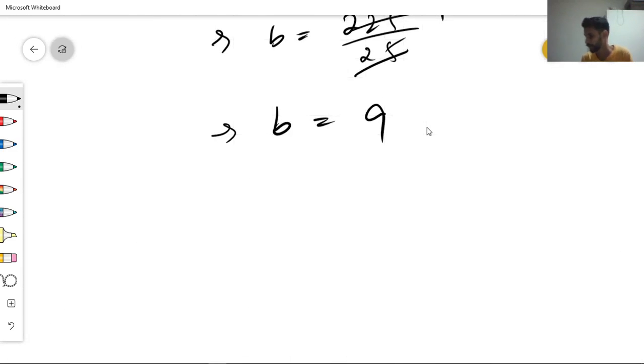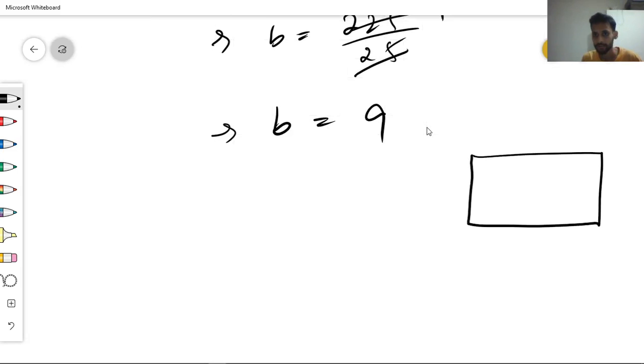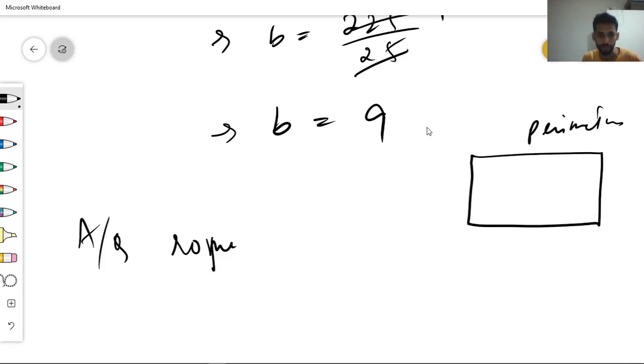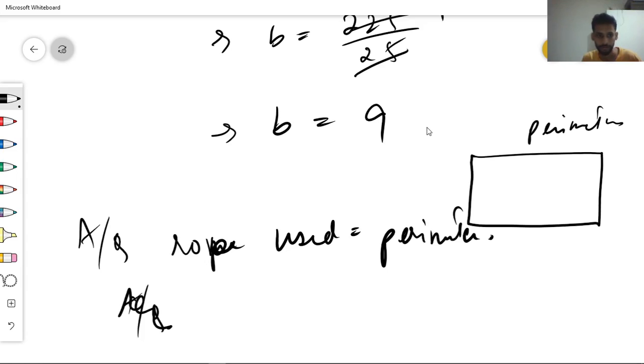Now when this is a rectangle, whatever rope is used to cover this is the perimeter. We know that. So according to the question, rope used is equal to perimeter.